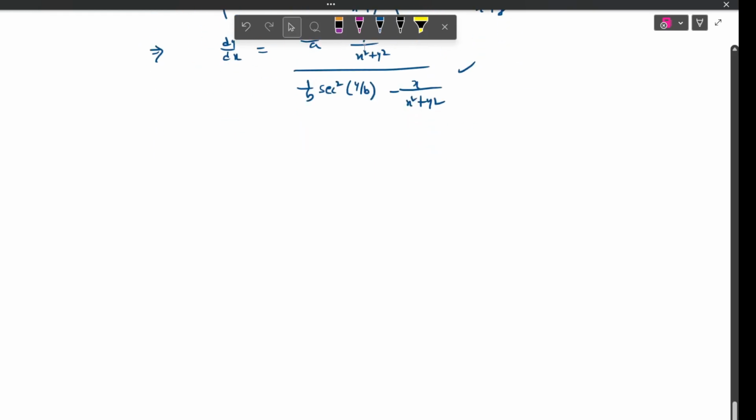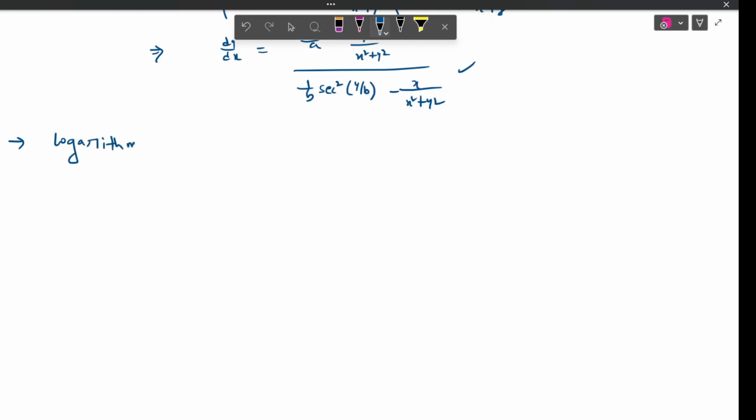Now, moving forward to our next topic, that is logarithmic differentiation.